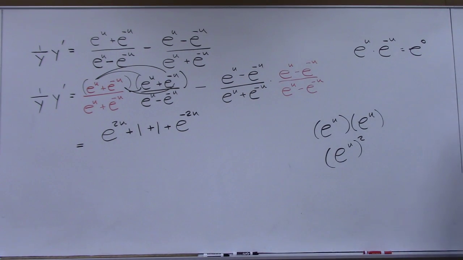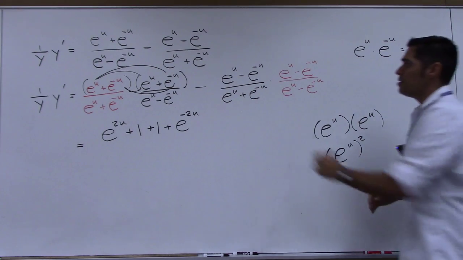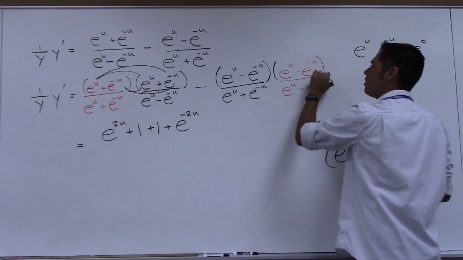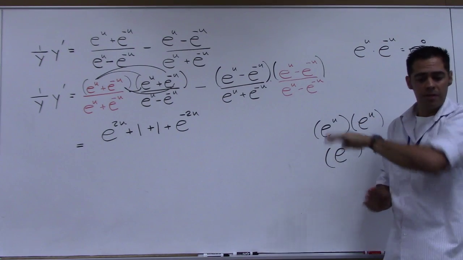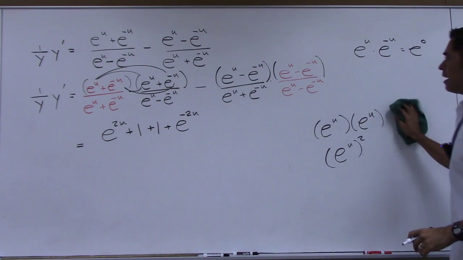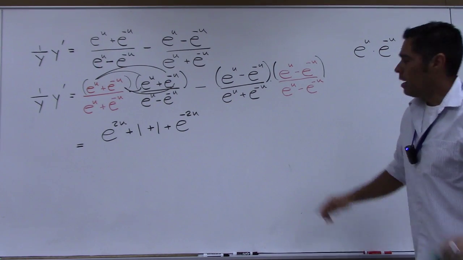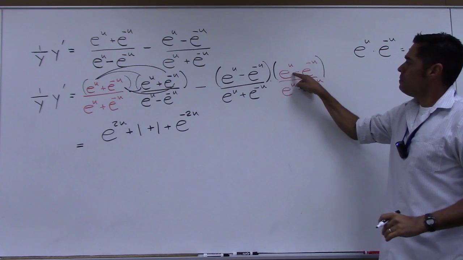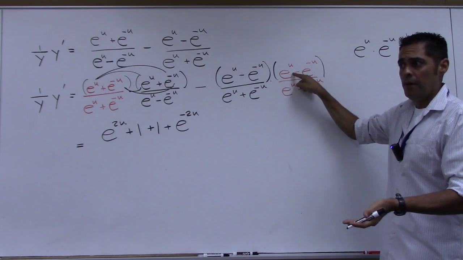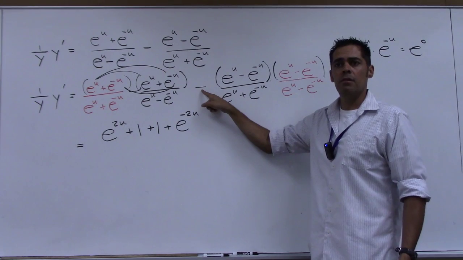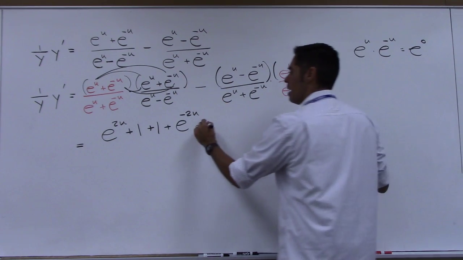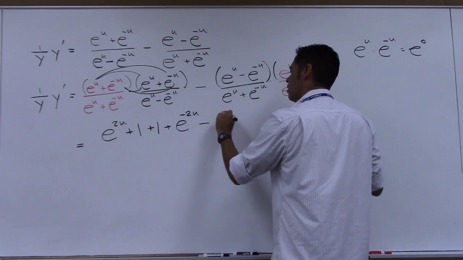Y'all okay with that? Now, I'm going to do the same thing over here. These two together, because I know it's all over the same common denominator, isn't it? What would I get if I did e^u times e^u? e^(2u), right? But then I'm going to subtract it. So minus e^(2u).